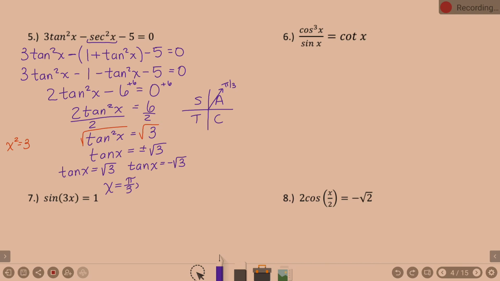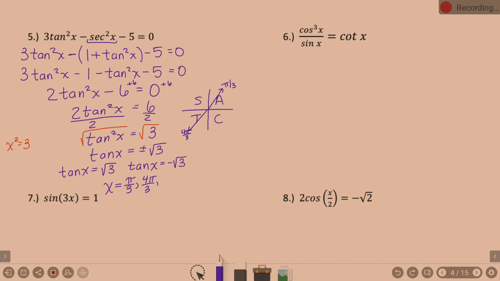Where else is tangent going to be positive? 4 pi over 3, down here in quadrant 3. And what is pi over 3 past the x-axis? That is 4 pi over 3. So our next answer is going to be 4 pi over 3. Is tangent positive anyplace else?